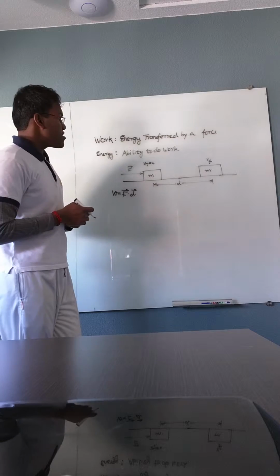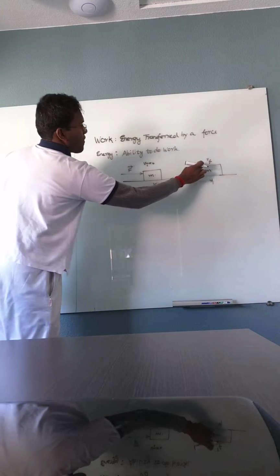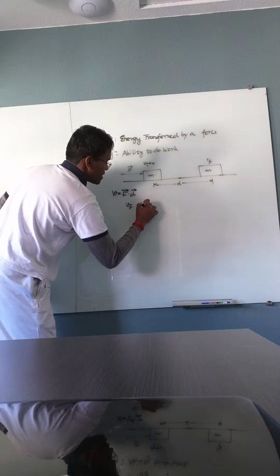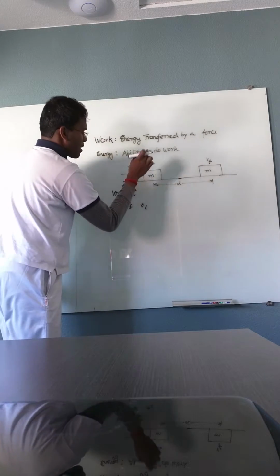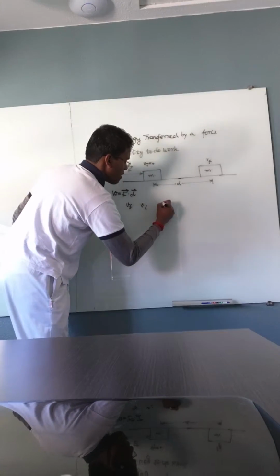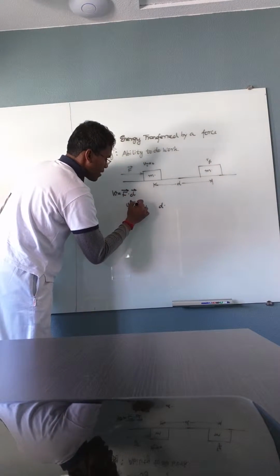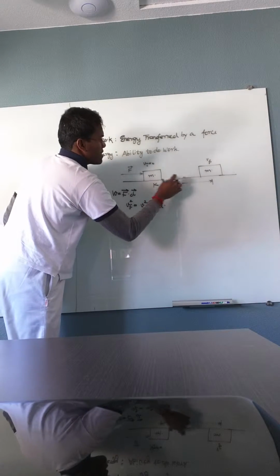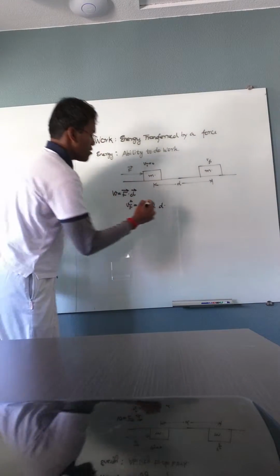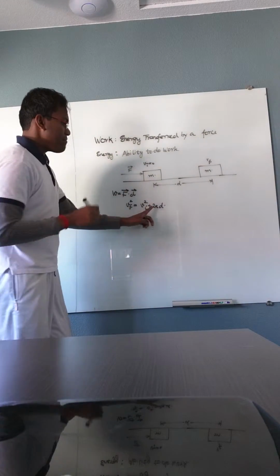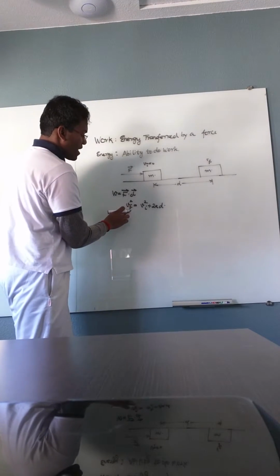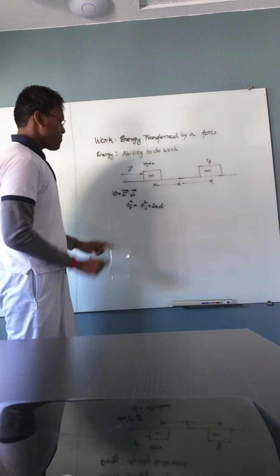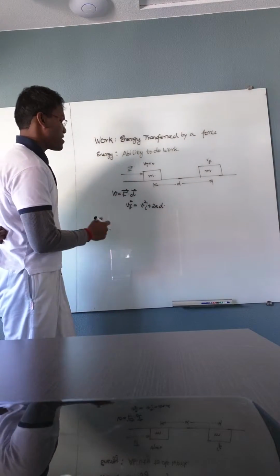So from our equations of motion we know that the final velocity Vf and the initial velocity and the distance are related by the expression Vf square is Vi square plus 2 times the acceleration because of this force, so let's call that a, times the distance. So Vf square is Vi square plus twice the acceleration times the distance. That would be the expression for the final velocity.